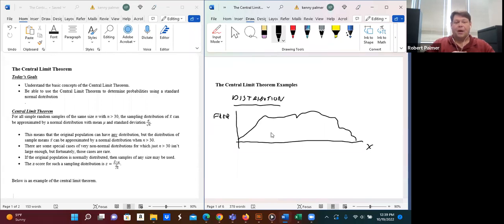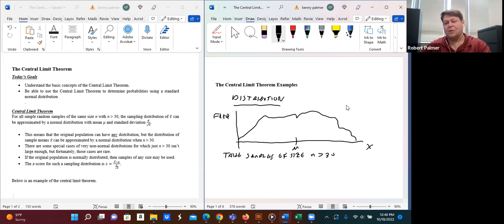All right. Now, what we're going to do is just sample values from this, take samples of size, I'm going to call it small n, greater than 30. And also, let's say this distribution has a mean, mu, right there.